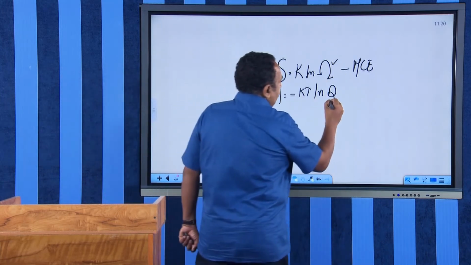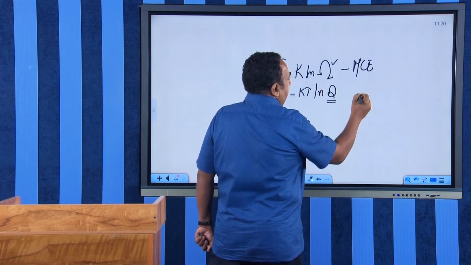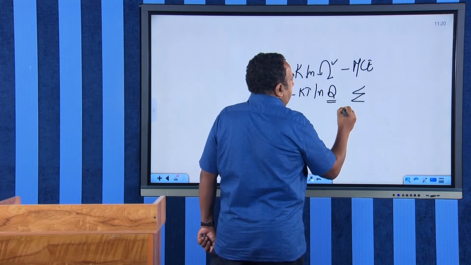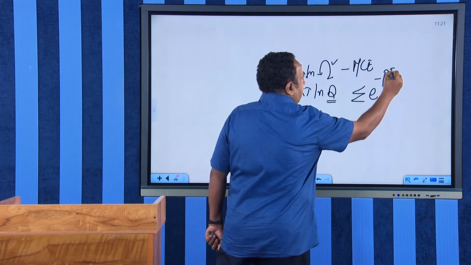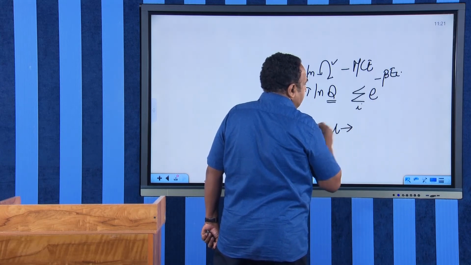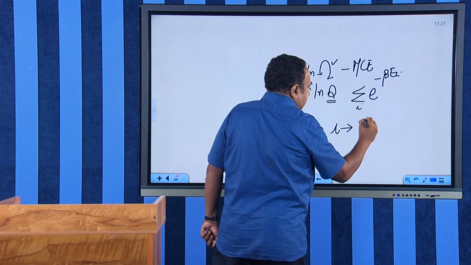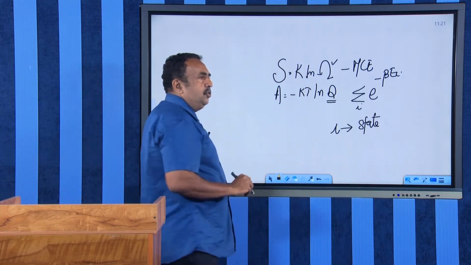Now, this Q is your quantity in the micro world, which is given by sum over e raised to minus beta E_i. What is i? i represents a state, and sum over i represents sum over all the available states.